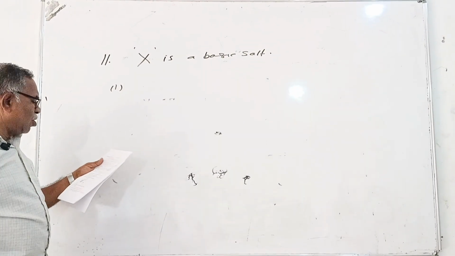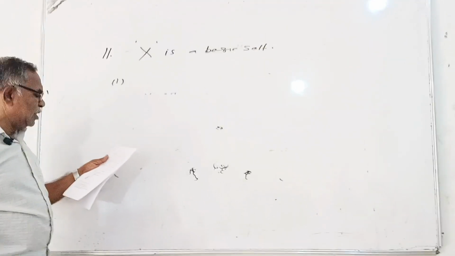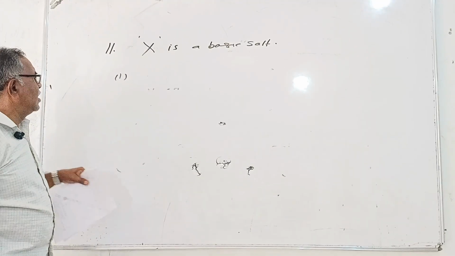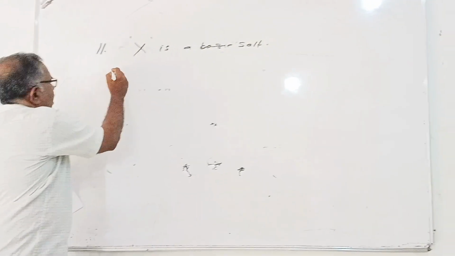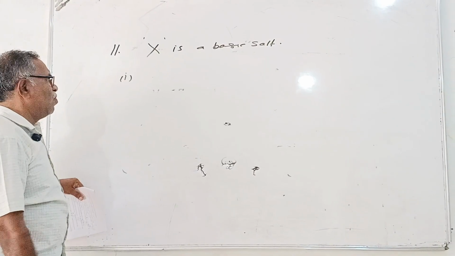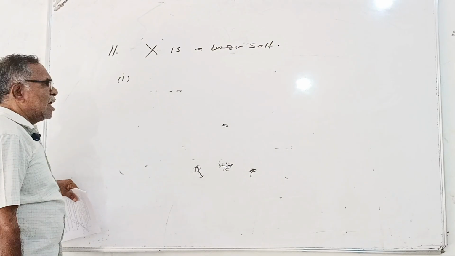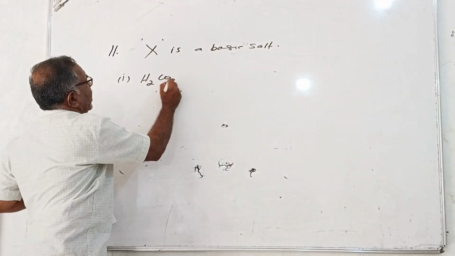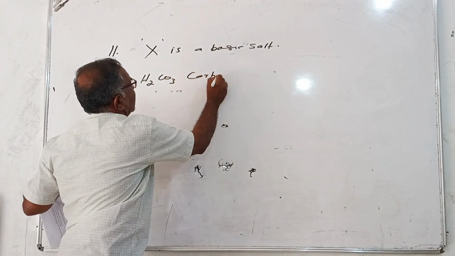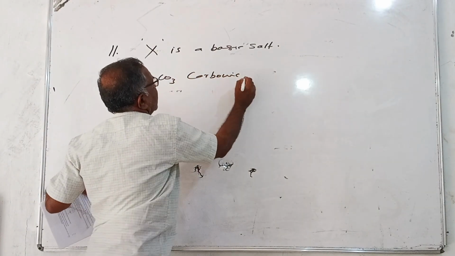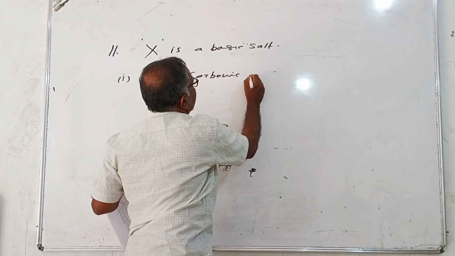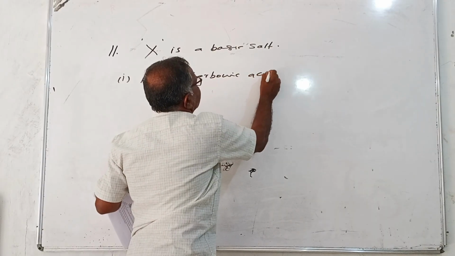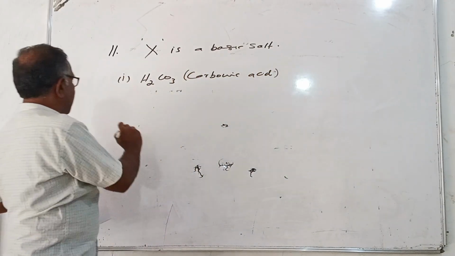The acid is formed when carbon dioxide is dissolved in water under pressure. The name of the acid formed is carbonic acid, H2CO3.